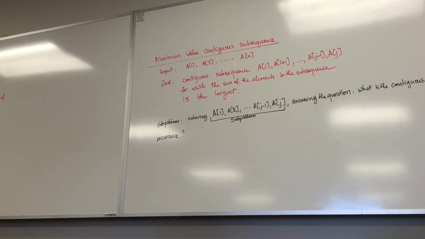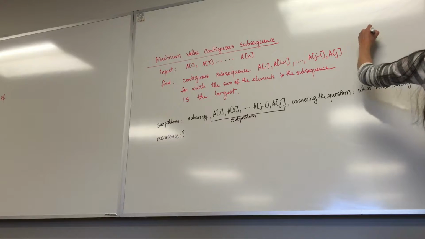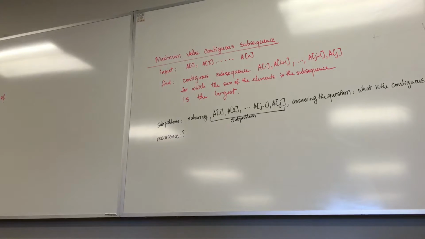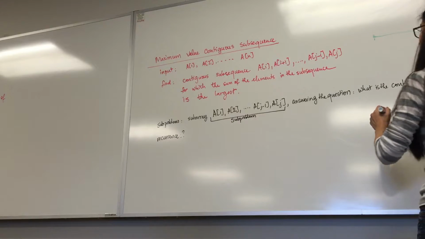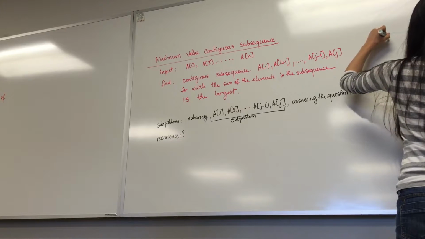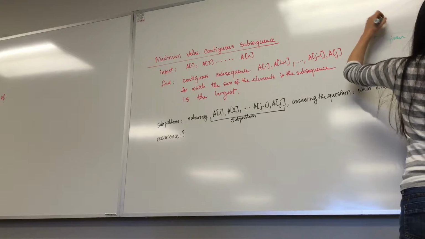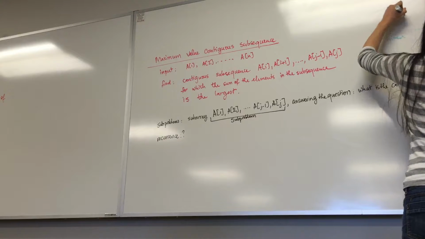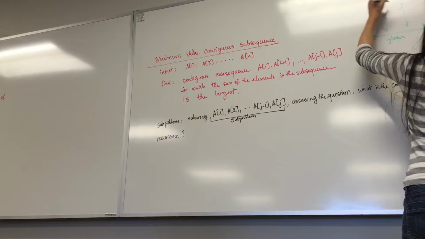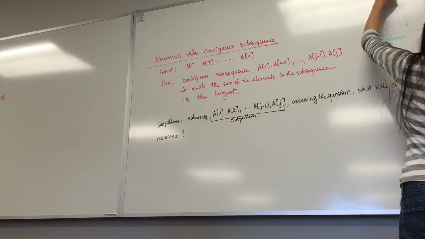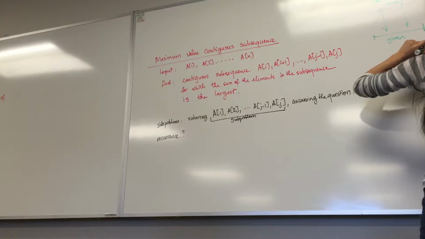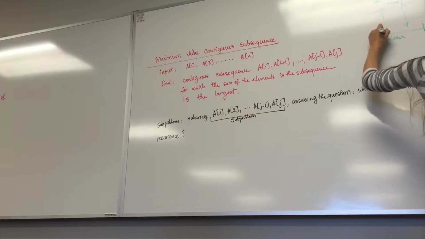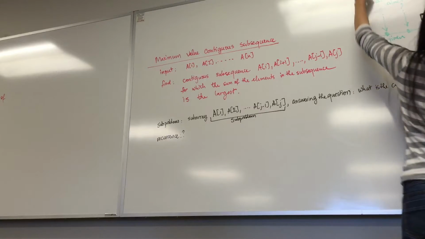What I'm trying to say is that in the original problem, you're given an array like this. That's the given. And then you have to find two values. That's the original problem.